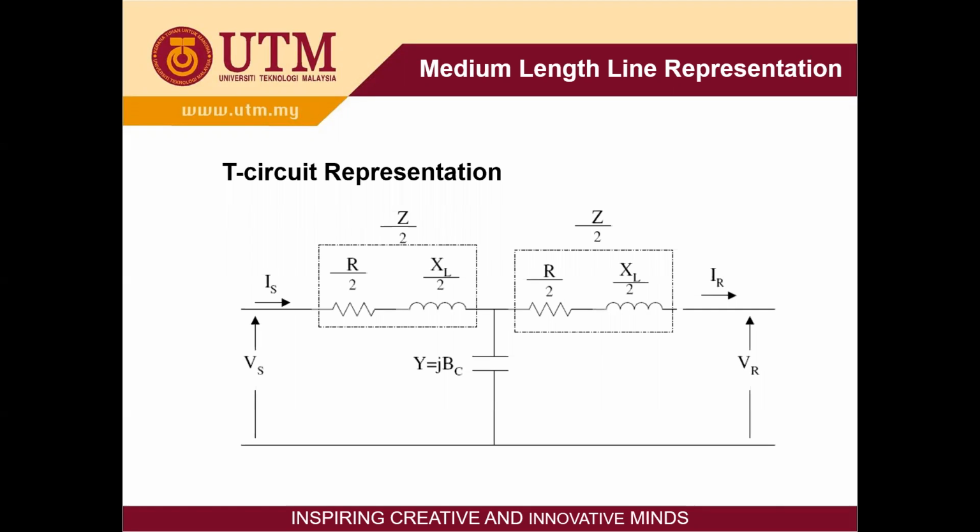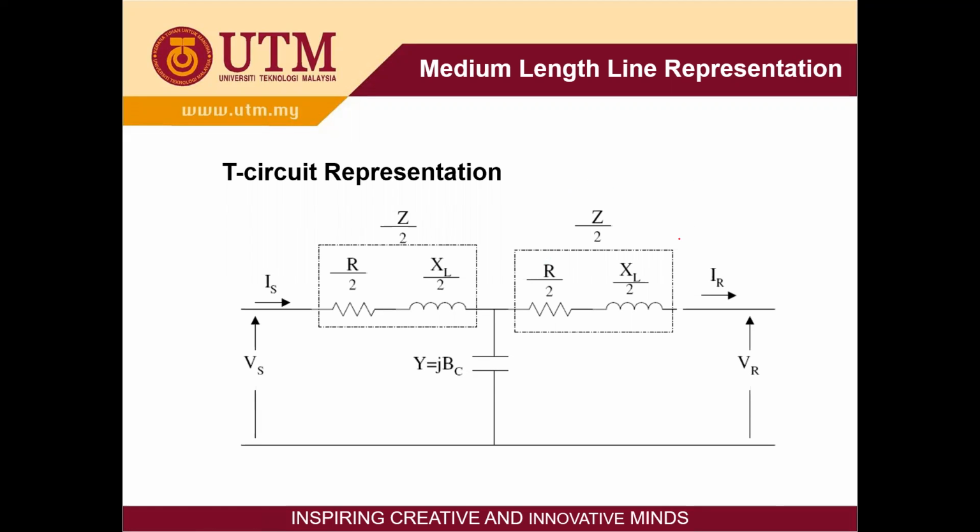This is the model of the T-circuit representation for the medium length line. As you can see in this figure, this is a per phase equivalent circuit. The impedance is divided into half as shown here, and in the middle we have the admittance.